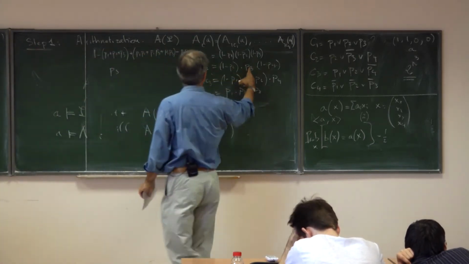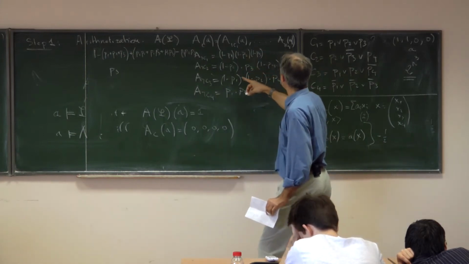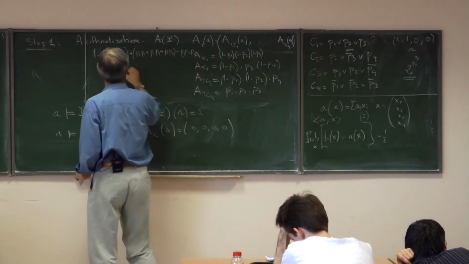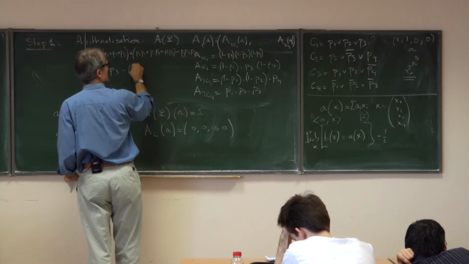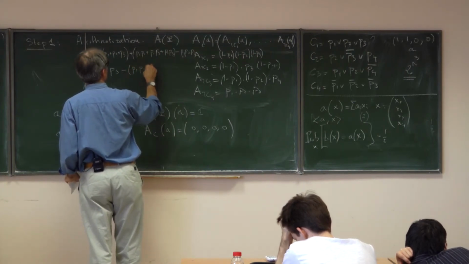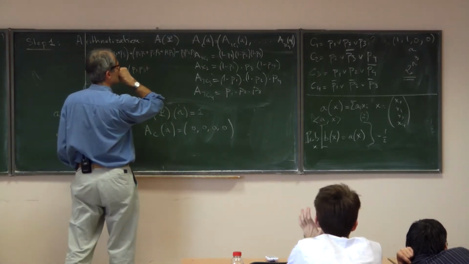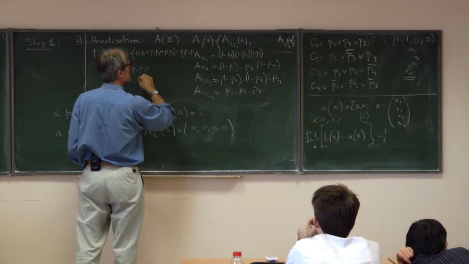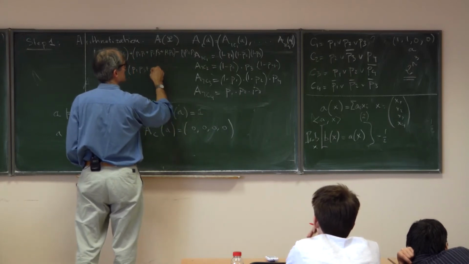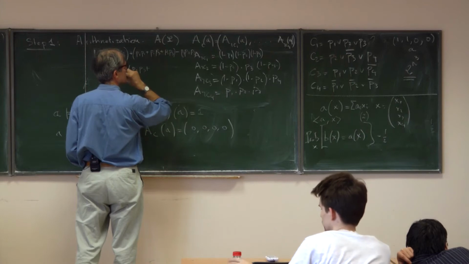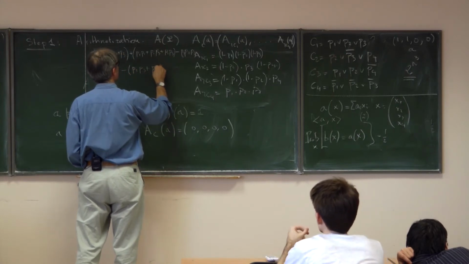So P3 is a constant, and now minus P2 P3 plus P2 P3 P4.